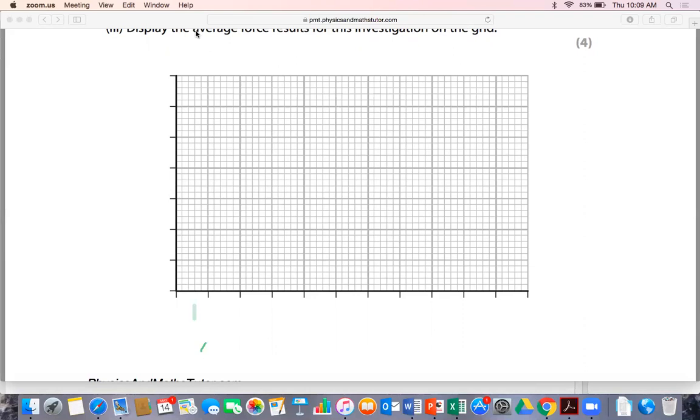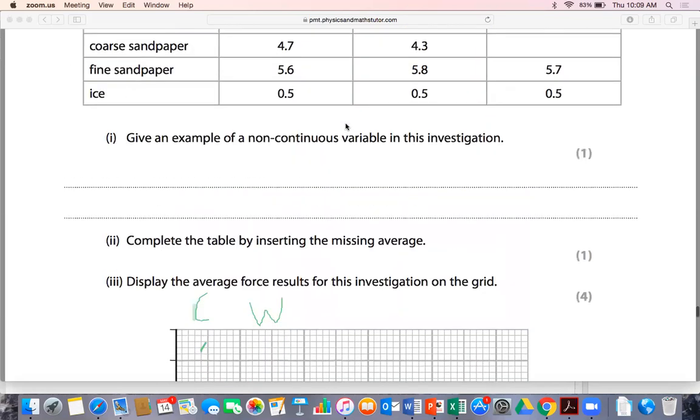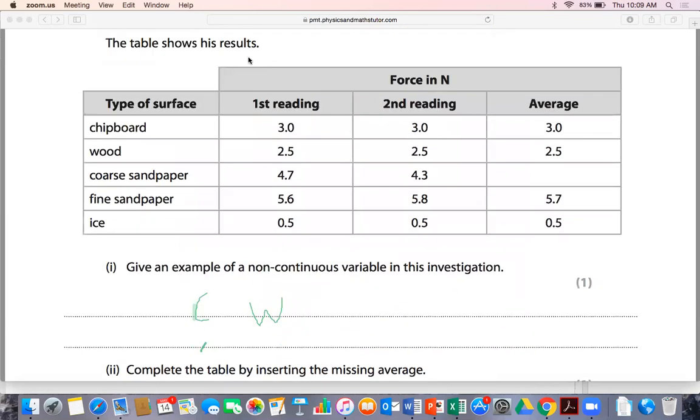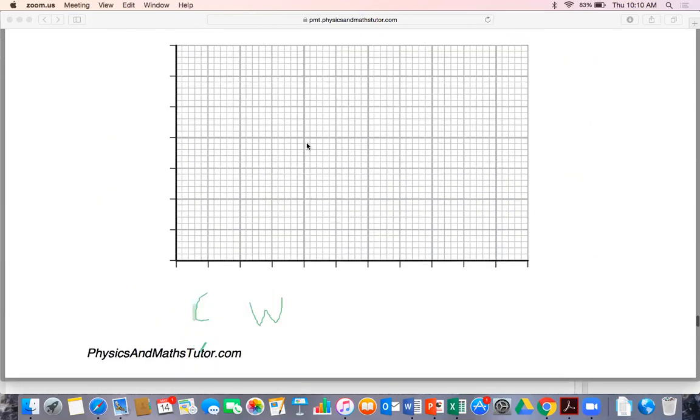Now it's okay if you cannot write properly. So this will be W. Good enough. What was the next one? What were the other ones? I forgot. CS, C. Yeah. Okay.